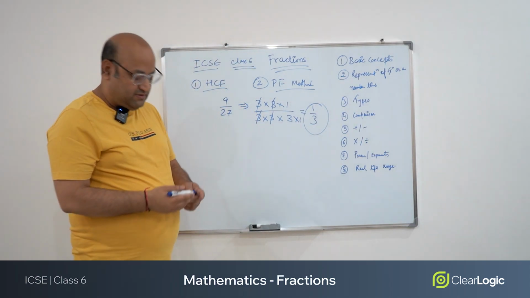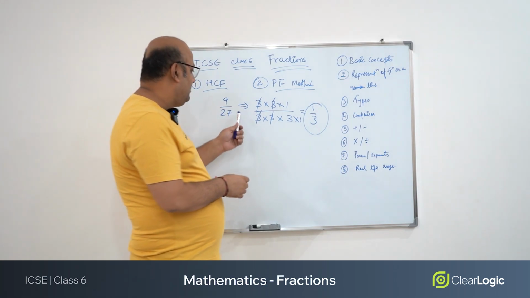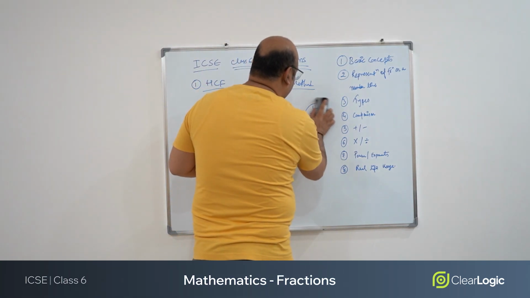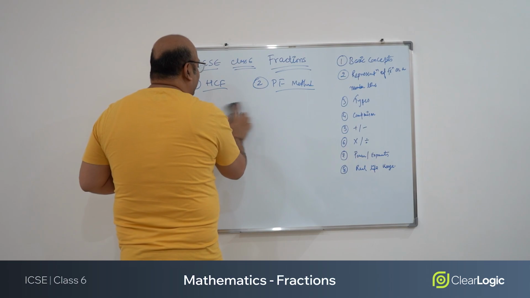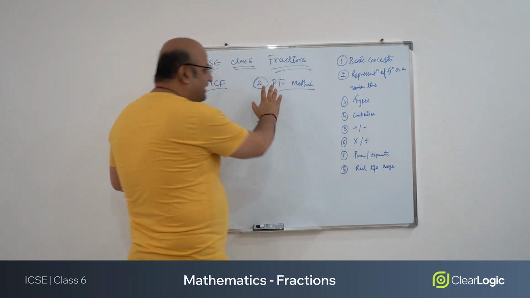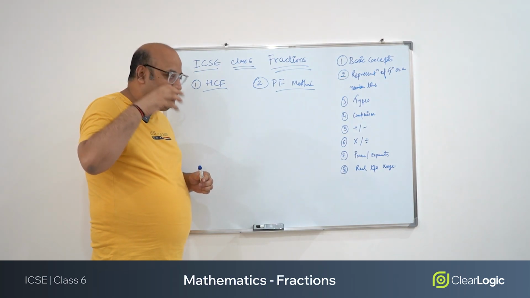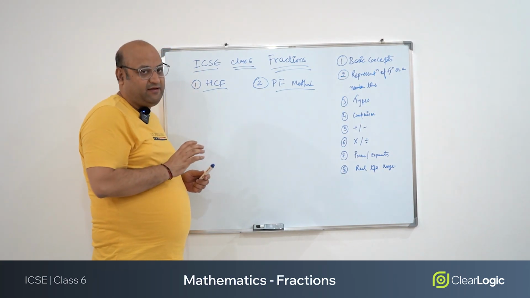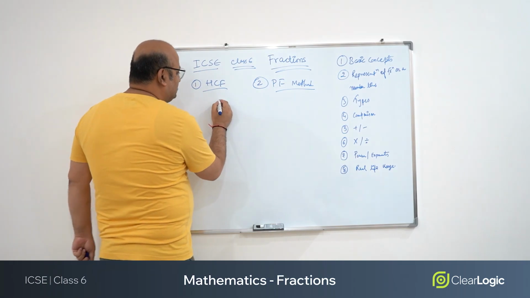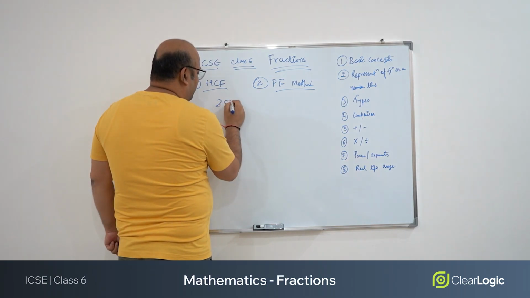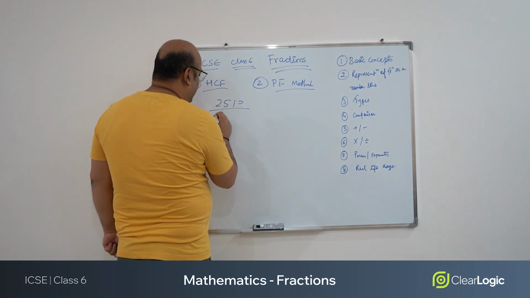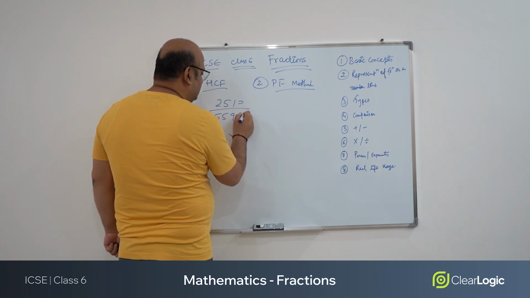Fine. So here the prime factorization method will be applicable, and we mostly use prime factorization later on, but you will not actually see what is happening. Let me give you an example. Let's assume that we have 2510 divided by 5590.